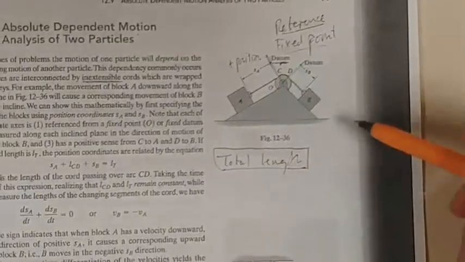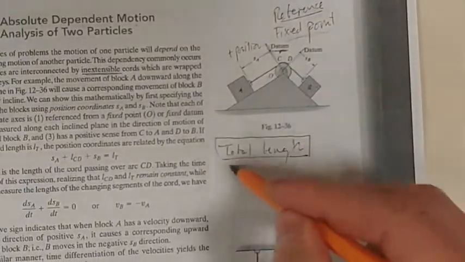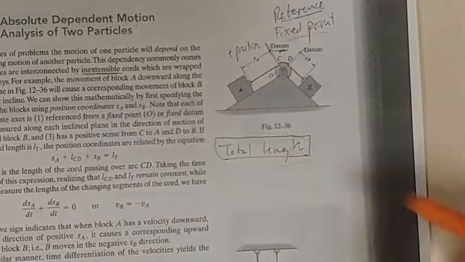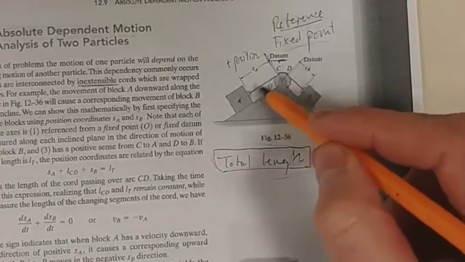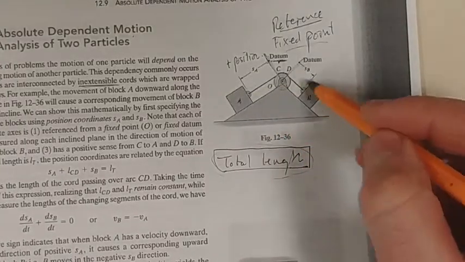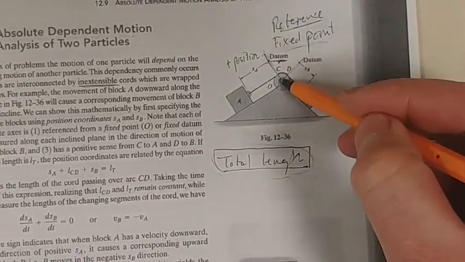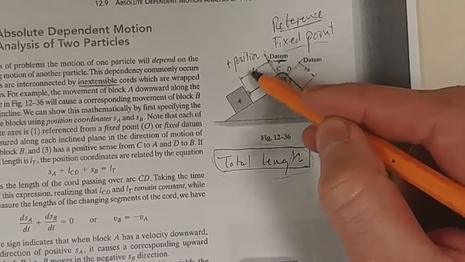So there we go. Remember, what's the goal? The first goal is to get a total length. The way we do it is we want to calculate the length of this. So we need to set up a reference frame, a fixed point.